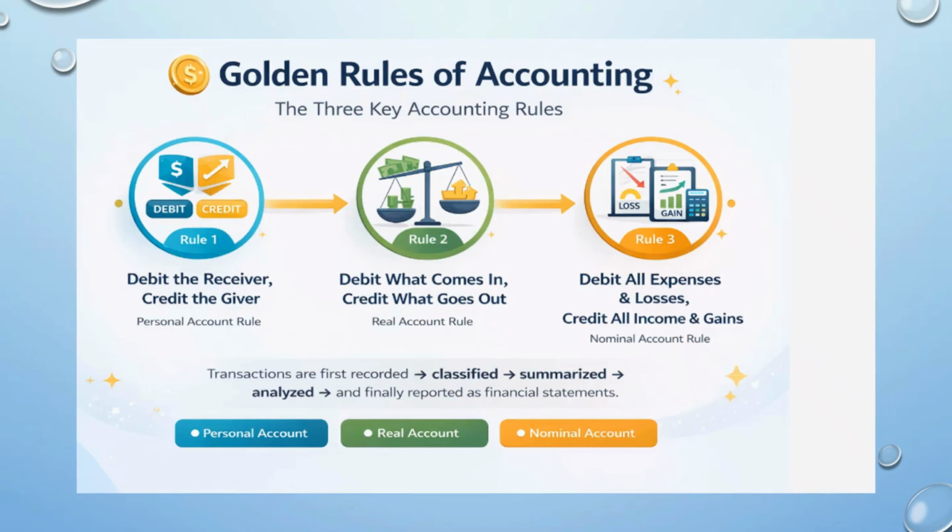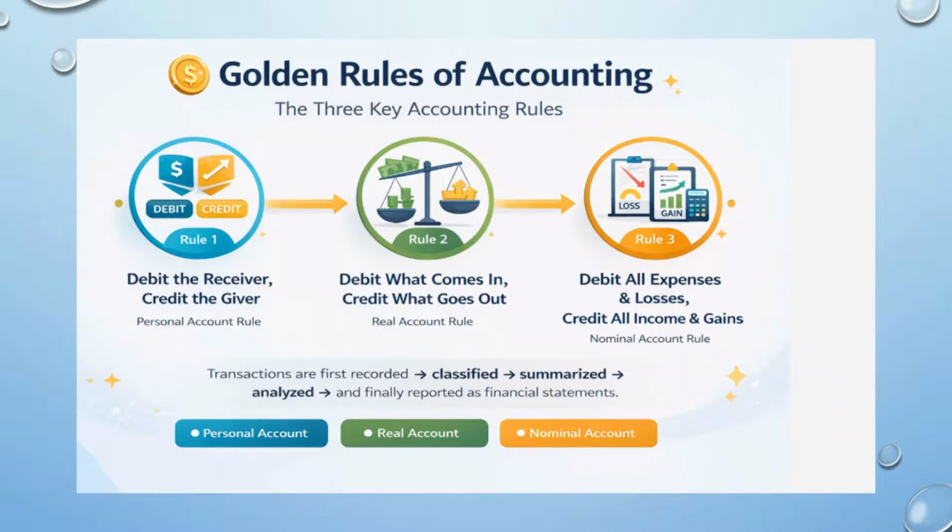Now we are going to talk about the golden rules of accounting. The three golden rules, the key rules of accounting: personal account, real account, and nominal account. For a personal account, debit the receiver, credit the giver. For a real account, debit what comes in and credit what goes out.